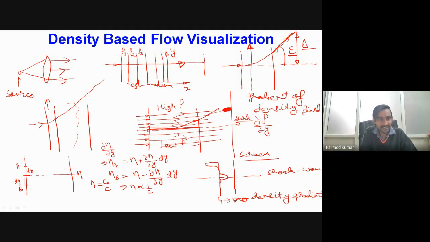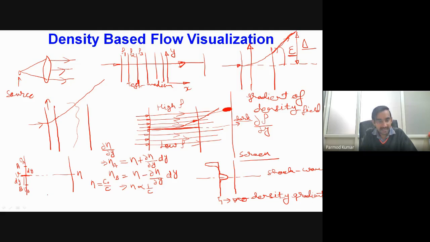If I consider a light wave starting at point A, its velocity is VA, a light wave starting at point B has velocity VB, and for any light wave at the central location, let us consider its velocity is V.